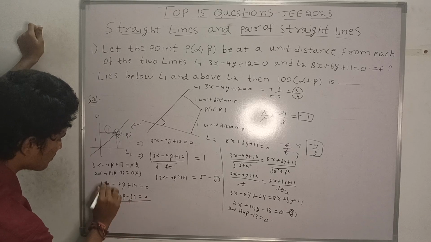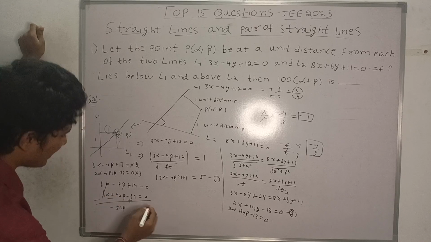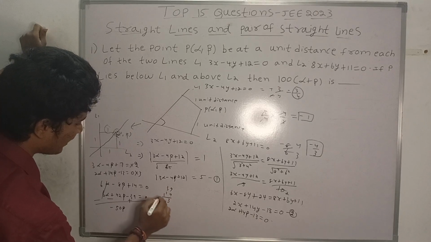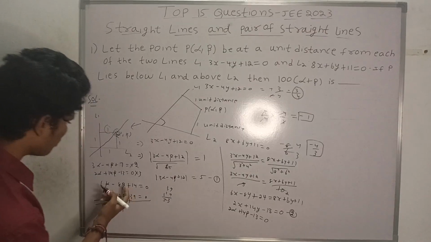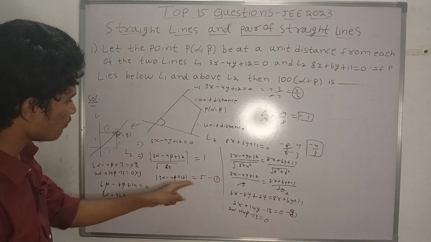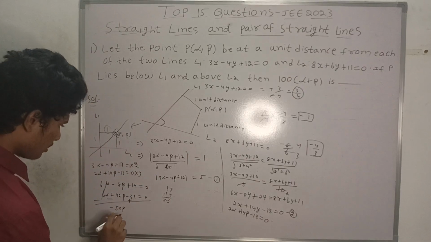Minus minus plus, and when I solve this, that is minus 50 beta, and here it is 39 plus 14, that is 53. 12 minus 5 is basically 7.